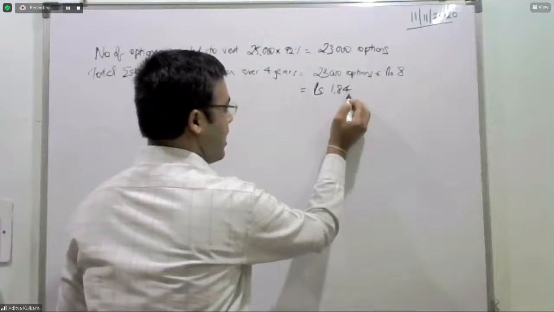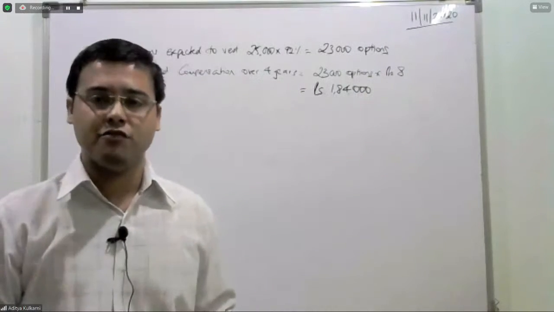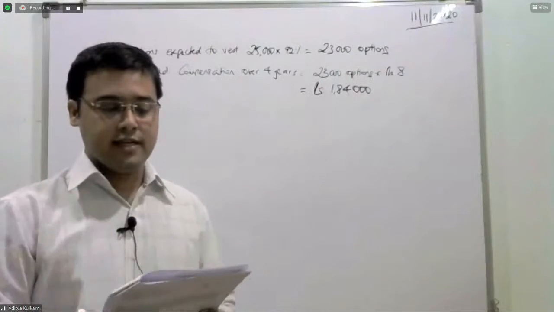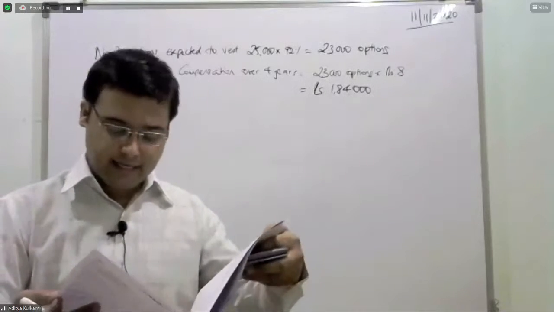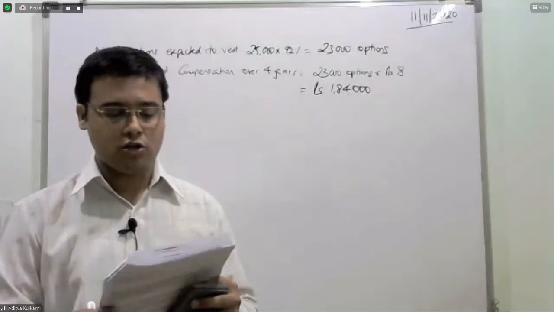1,84,000 rupees. Now you have to allocate these expenses of 1,84,000 over a period of 4 years. But wait a minute, read the problem. You are thinking that in year 1 and year 2, the condition is deemed not to be probable.